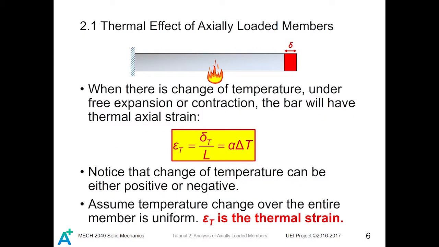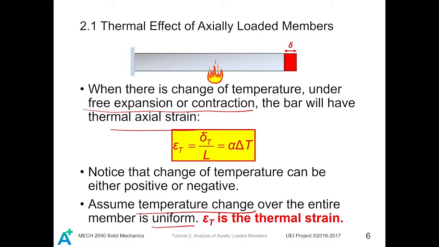So as we just described, when there is a change of temperature on this piece of material, then there will be free expansion or contraction, right? The bar will have the thermal axial strain. Also, the change of temperature can be either positive or negative. Also, we will assume the change of temperature over the entire member is uniform.